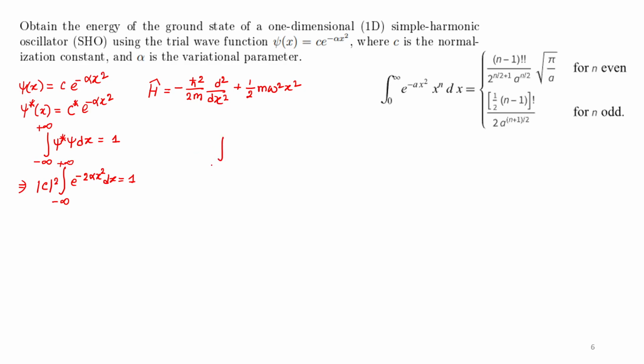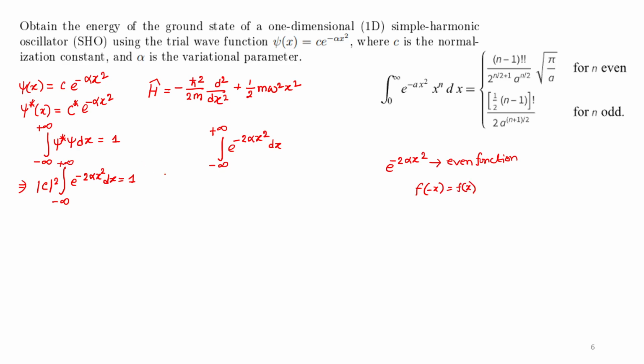First of all, e to the power minus 2 alpha x square is an even function, because even if you change the sign of x, f of minus x is going to be f of x.